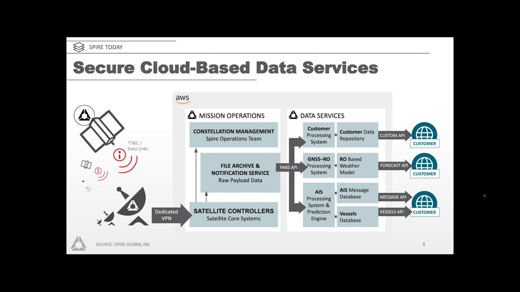We distribute our data through various APIs, as you can see here. For AIS, that includes our messages API and our vessels API, which Max will get into a little bit more later. We also have a forecast API, which includes our radio occultation data, and that's for our weather forecasting.